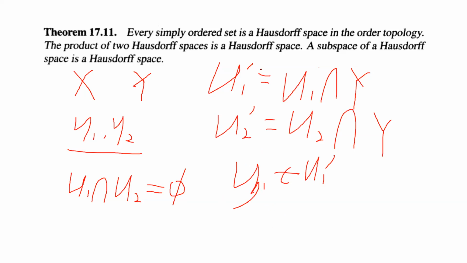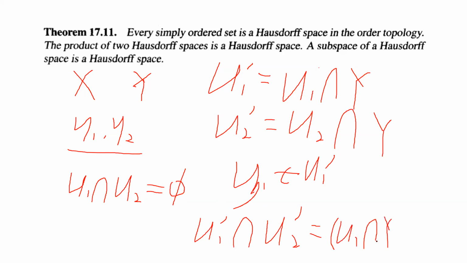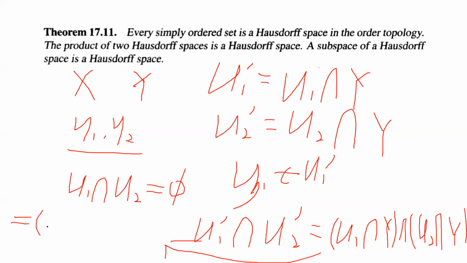And U1 prime intersects U2 prime equals U1 intersect U2 intersect Y, and it is an empty set.